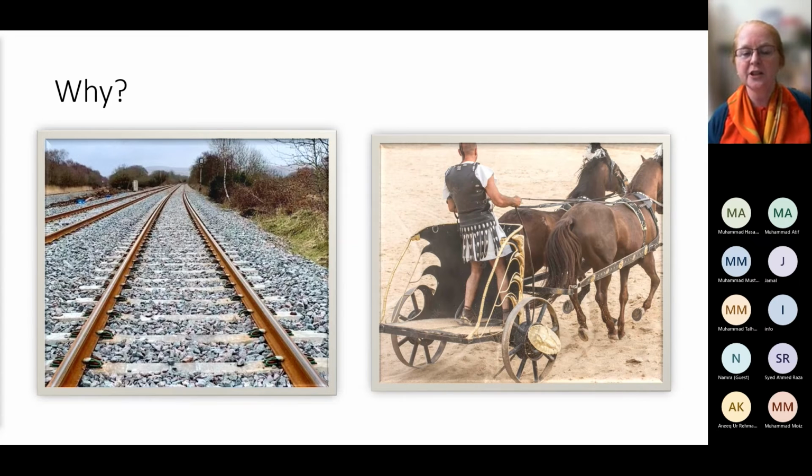So we now have the situation that railways in Australia in 2022 are two Roman horses' bums width apart. So when you are talking with a client and you're thinking about your reasonings, is the reason that is being given a good enough reason? Or are you designing something because it is the width of two horses' bums?